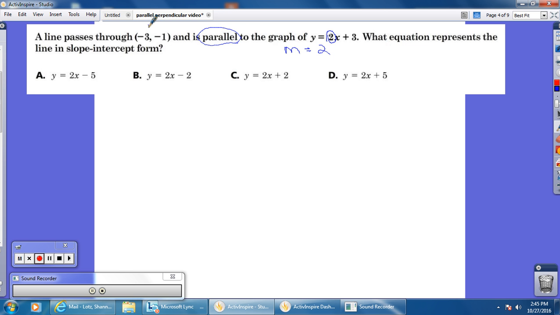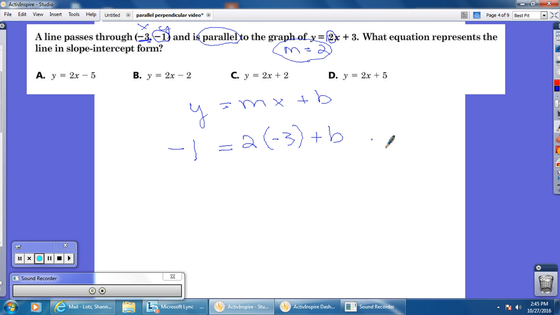I have this point, x, y. I'm going to plug them into y equals mx plus b. So my new y is -1, equal to my slope, 2, times x, which is now -3, plus b. Okay? So now I solve.